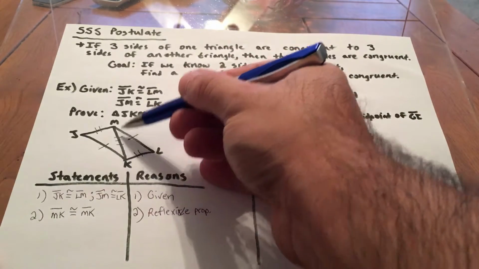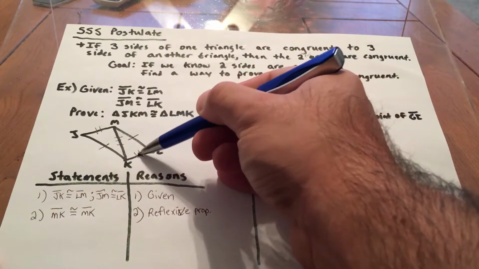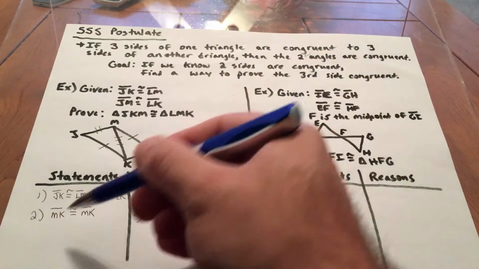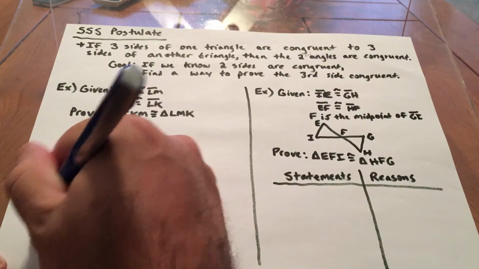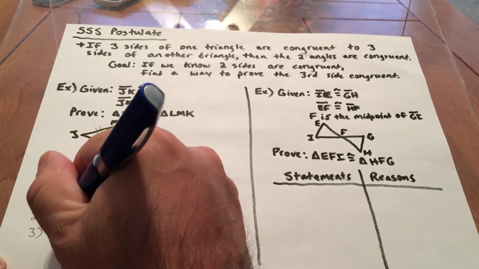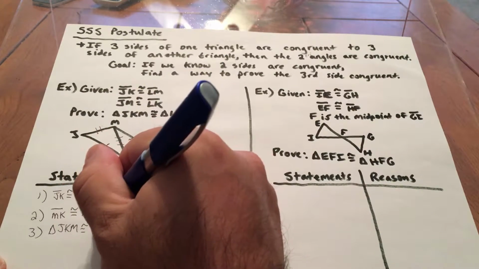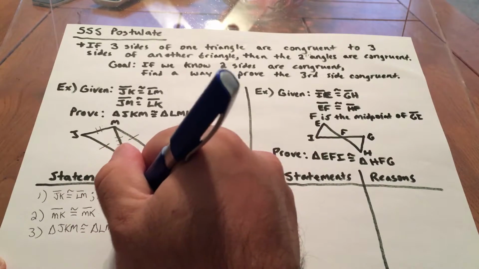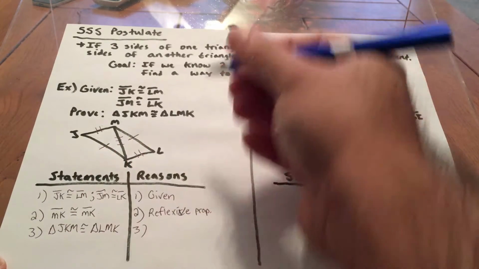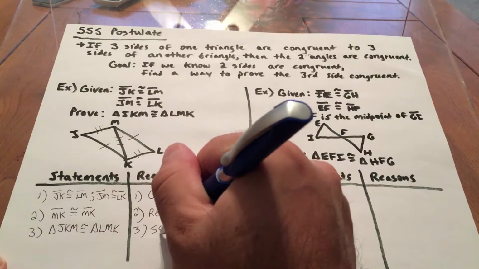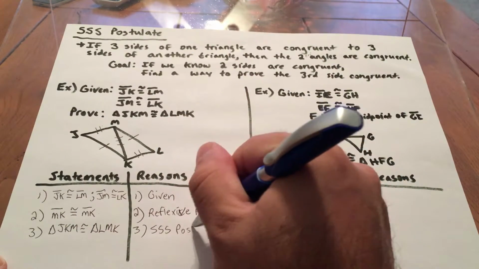And now that we have 3 sides of one triangle congruent to 3 sides of the other, we can write our third statement as what we were trying to prove. We can say that triangle JKM is congruent to triangle LMK, and the reason for that is our new little postulate here, the SSS Postulate.